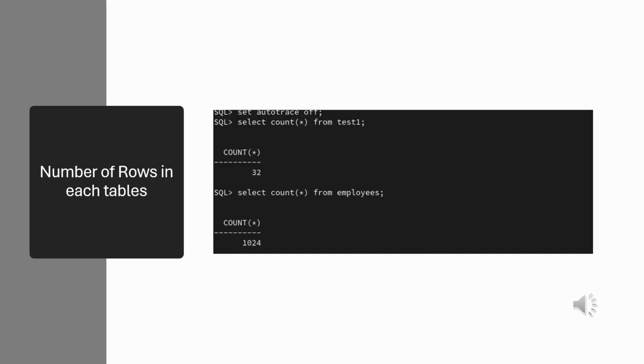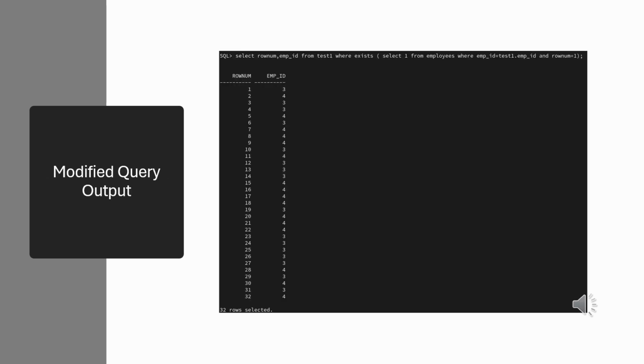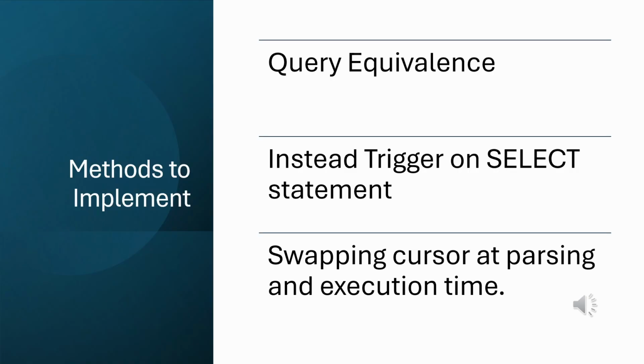I have shown the number of records in each table and the output of each query, which are the same. Now, what methods can we use to implement query equivalence? One is query equivalence like we use in the materialized view. We can use query equivalence to store the source and target query and execute it.